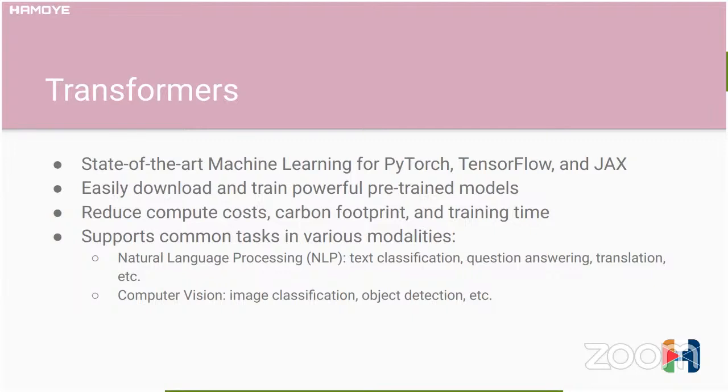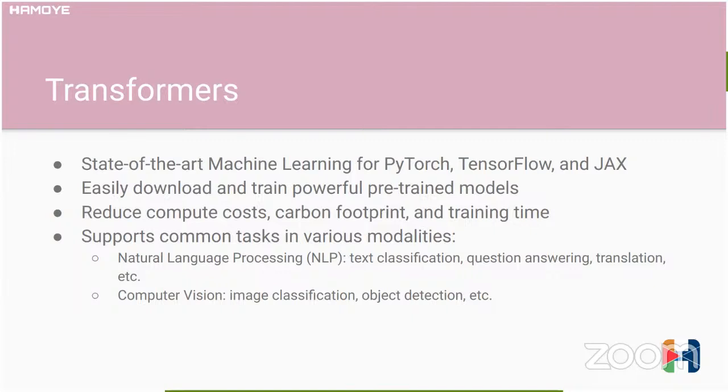There's a particular article on the amount of electricity and power that was used to train GPT-3. Because you don't need to train yours again, you just need to load them and fine tune them for your own use case, it really reduces all of that. It also reduces training time because you don't really need to train yours.